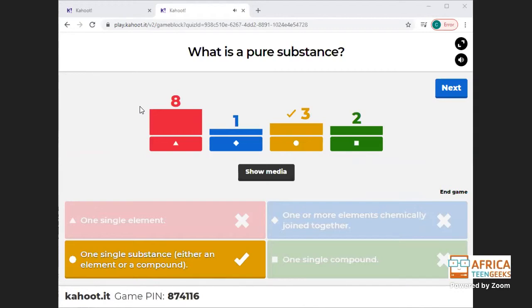So it's one single substance, either an element or a compound. Remember, it can either be an element or a compound. Yes, it is a single element, that is also correct. But it can also be a compound as well. Just note that it can also be a compound.